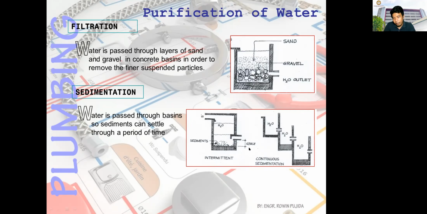And then next you have another chamber to settle all the sediments or the solid particles. Then another chamber until the water that goes through this last chamber may be purified, or maybe clean water. Okay.